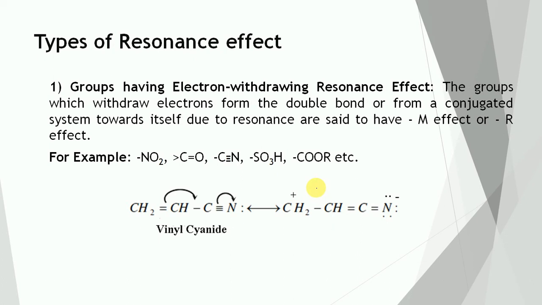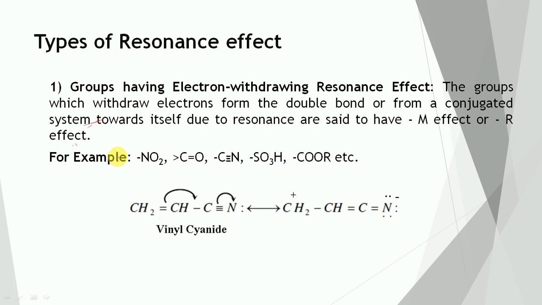Types of resonance effect. There are two types of resonance effect. The first one is the group having an electron withdrawing resonance effect. The groups which withdraw electrons from the double bond or from a conjugated system toward themselves due to resonance are called the minus M effect or minus R effect.